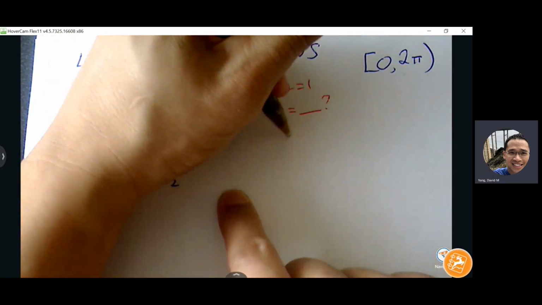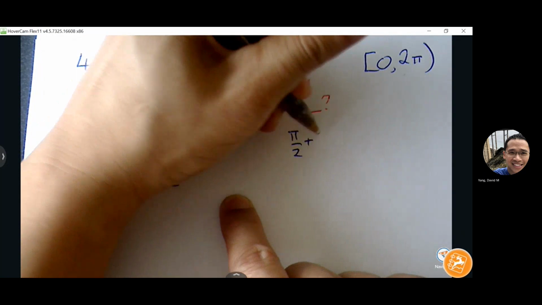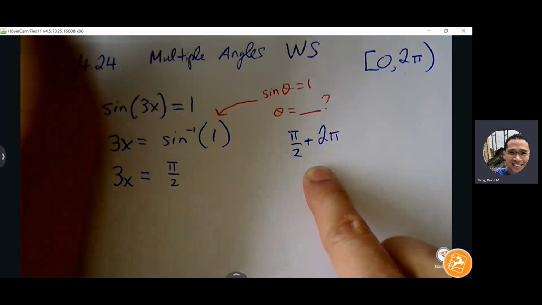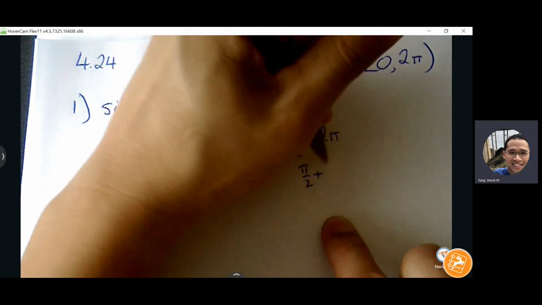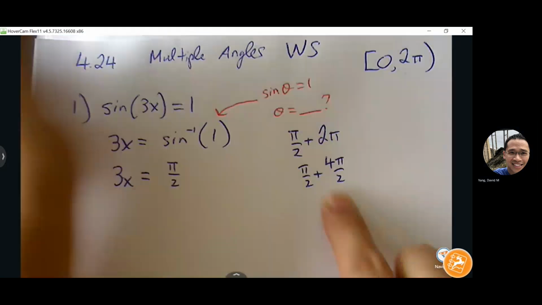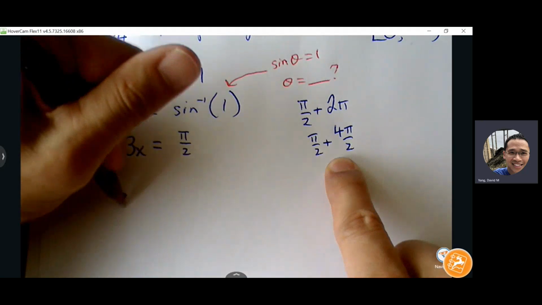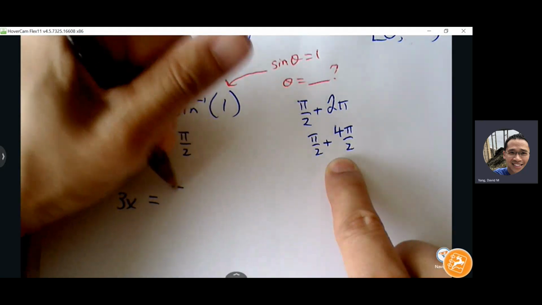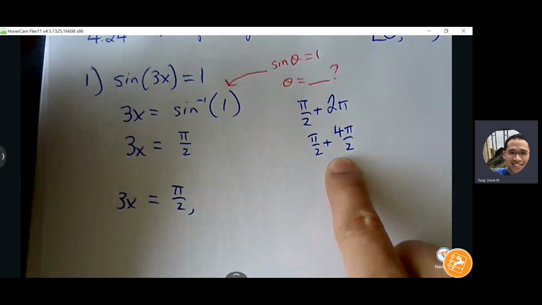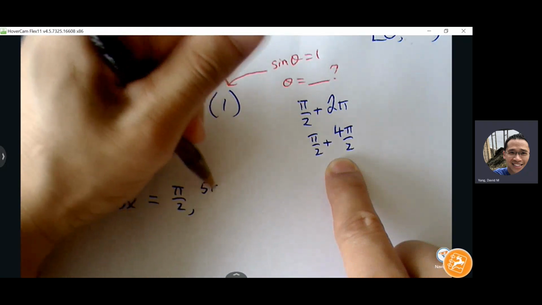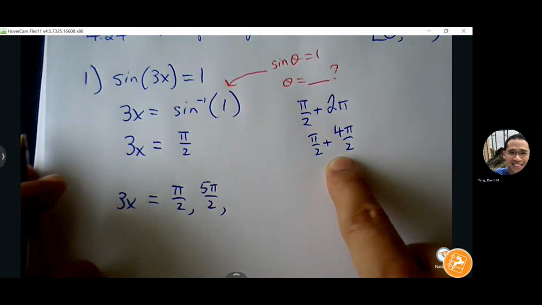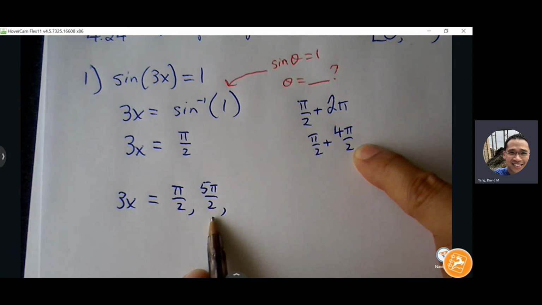So if I add 2 pi, that's the same thing as saying pi over 2 plus 4 pi over 2. So what's next that comes up? 5 pi over 2. Okay, so I'm going to list out more than I need, just so that I can make sure I have everything once I shrink everything down. So if I keep adding 4 pi over 2, what's next?